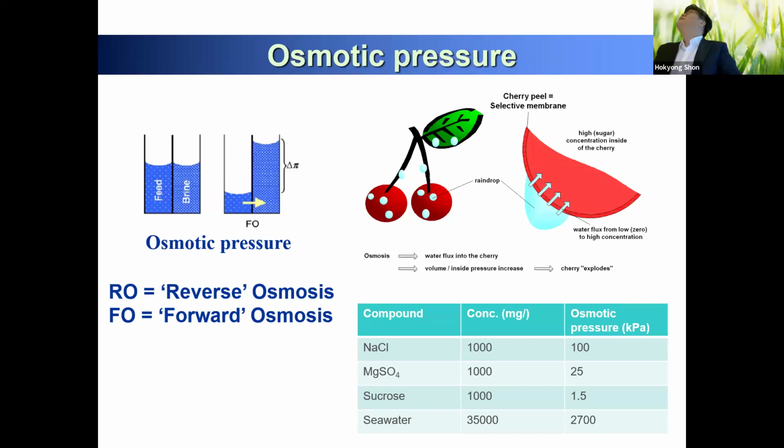Also, let's think about trees. How do they suck the water molecules? The tree is like a membrane, like a reverse osmosis membrane. They have leaves and roots. When there is rainwater, it comes through the leaves, even roots. The tree has its own liquid, which has a high concentration of salt.